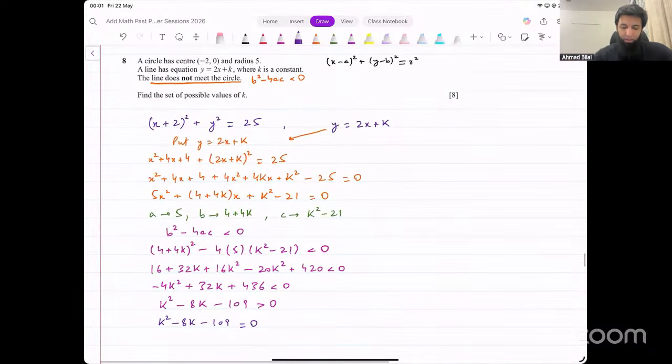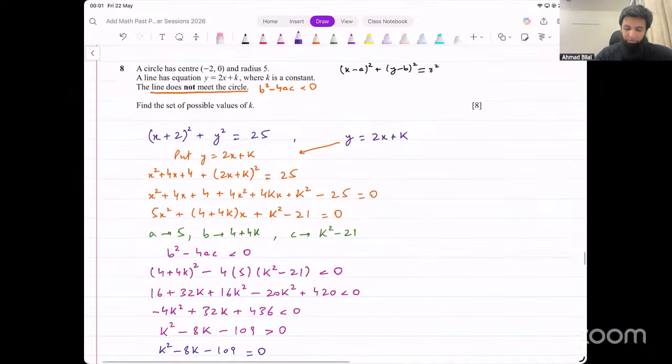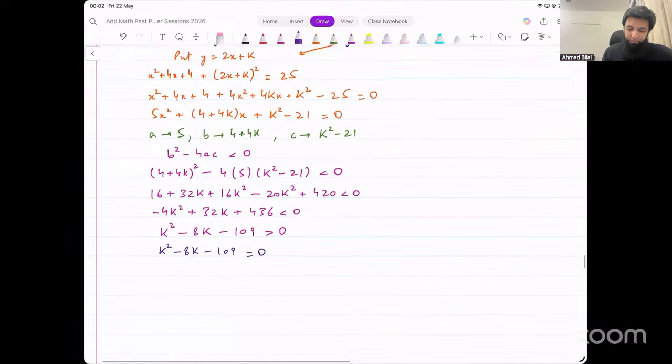A lot of times in such problems, you can factorize the quadratic that you get. So I would suggest if you're doing it in an exam situation, at this point, if you cannot factorize the quadratic, it's again a good idea to check your working in case you're making any careless mistake. So I'll just recheck it again for that reason.